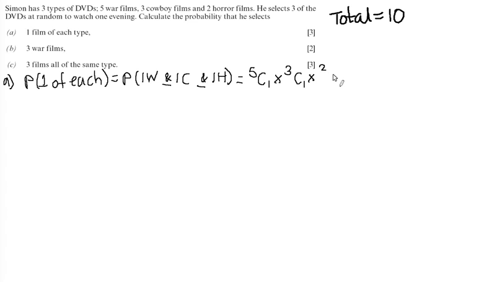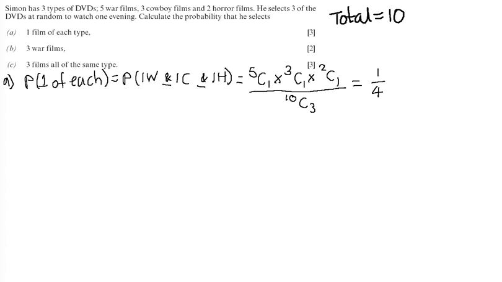So this is going to be 2 choose 1. This then is all going to be over the number of ways I can pick 3 films from the 10, which is 10 choose 3. When I put this into my calculator and I work through it, this comes out to an answer of 1/4.